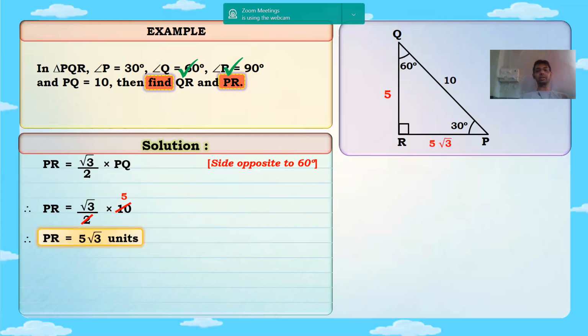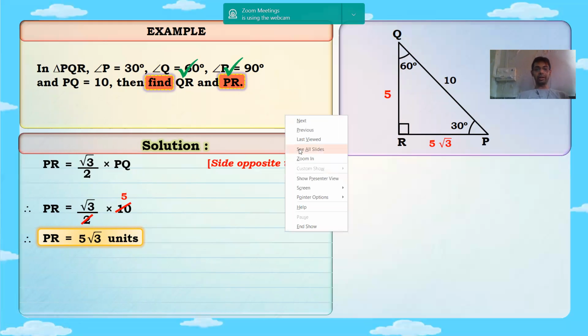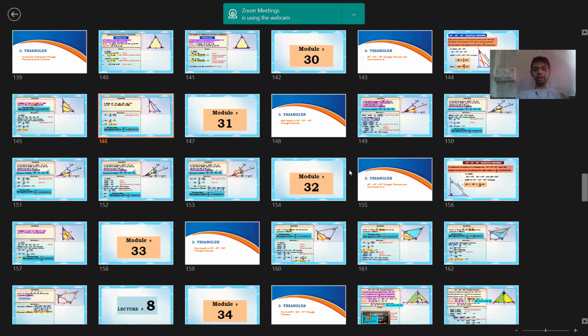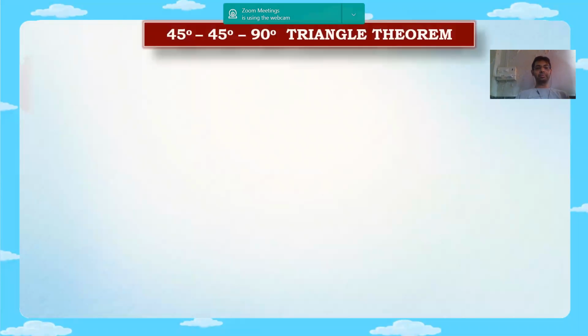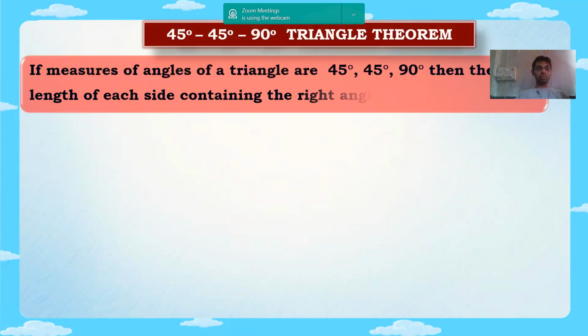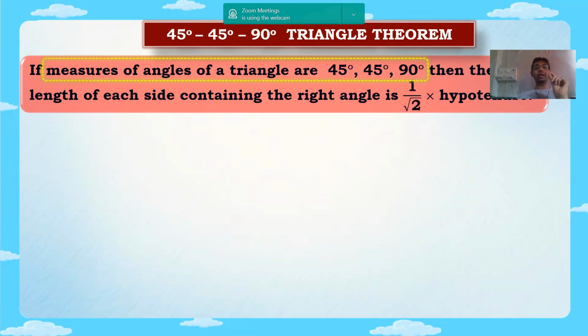Okay, so this is the way you can use this theorem in a sum. So now we have studied 30 degree, 60, 90. Now let's study one more important concept, that is 45, 45, 90. Let's see what they have written: they are saying the measures of angles of a triangle.